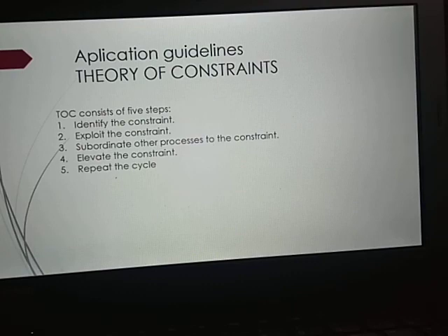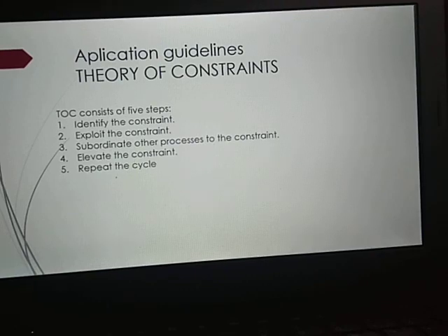The application guidelines of theory of constraints (TOC) consist of 5 steps: identify the constraint, exploit the constraint, subordinate other processes to the constraint, elevate the constraint, and repeat the cycle.